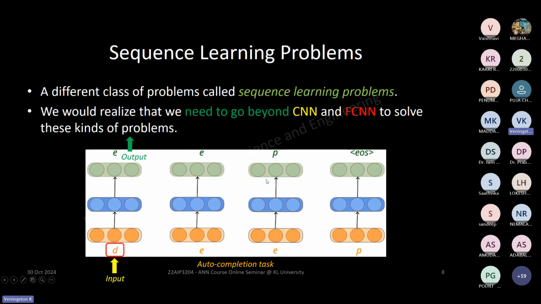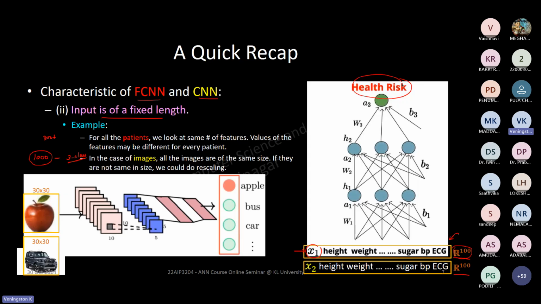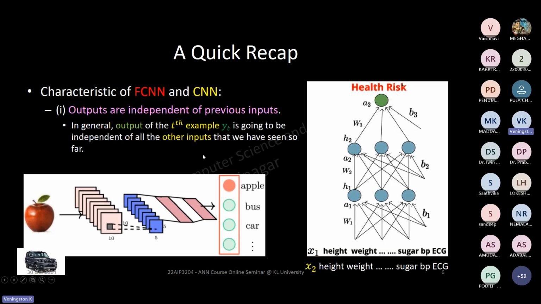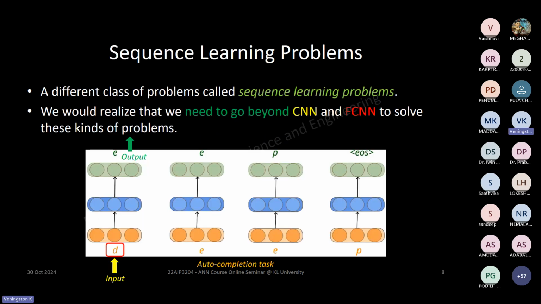Again, in the context of RNN, we will be trying to solve some kind of classification problem, but inputs need not be of the same length, and at the same time the output actually depends on the previous input as well. So these are the two major differences we observe in the case of sequence learning problems.